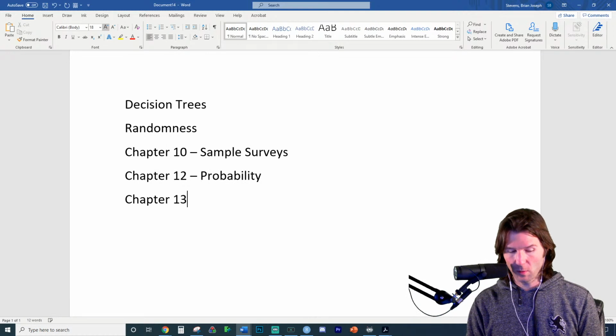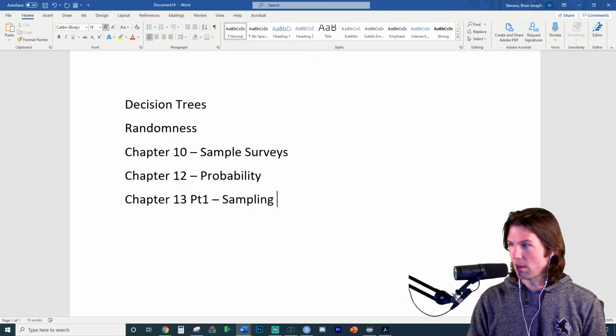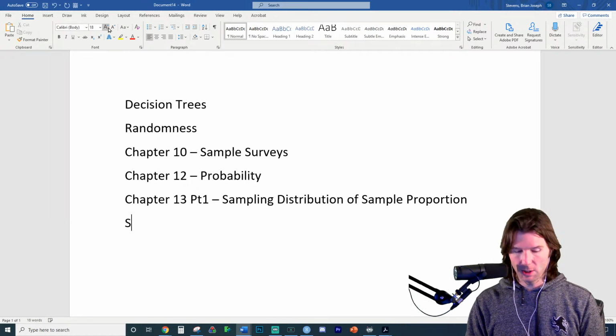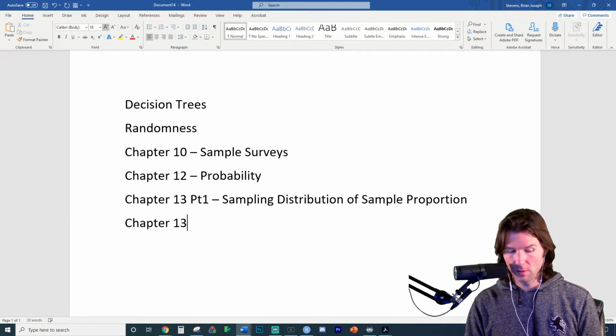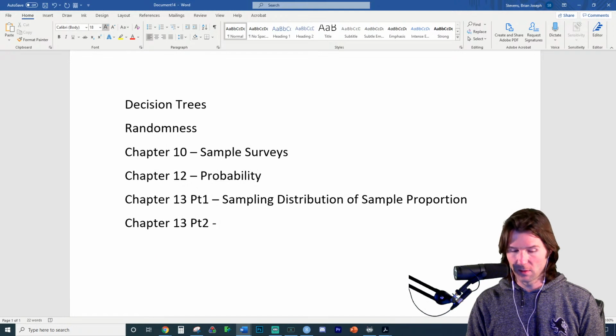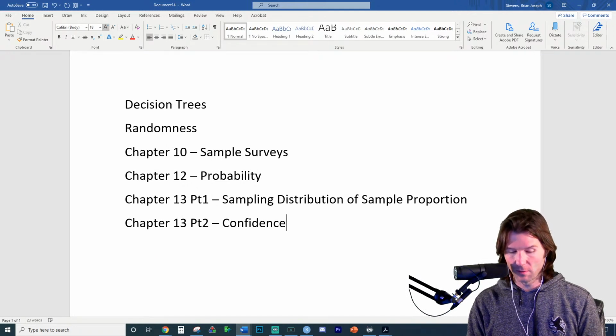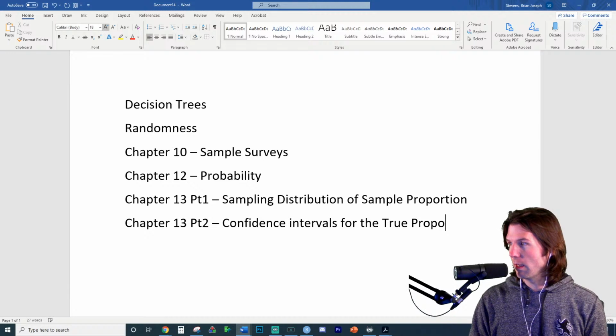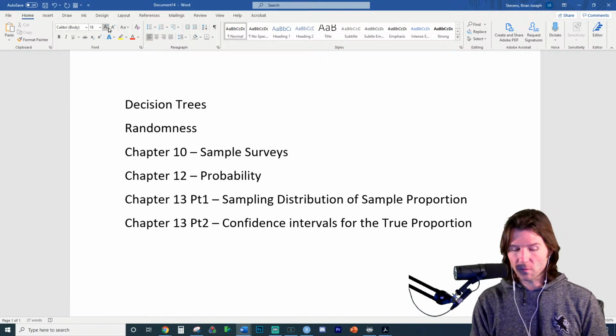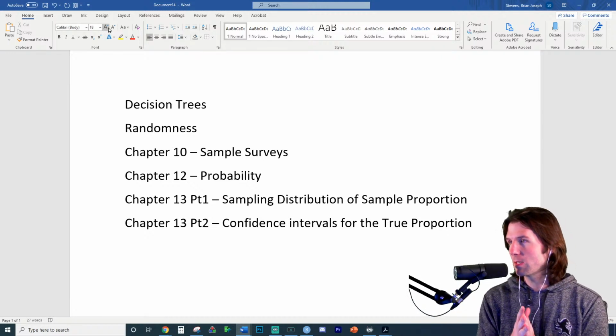Chapter 13, part 1, that is going to be sampling distribution of sample proportion. And then chapter 13, part 2, there's going to be confidence intervals for the true proportion. A little difference right there. If you have a question on any of these, we can cover any one of these topics.